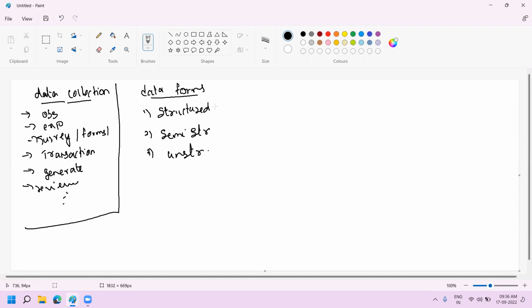What is structured data? The proper format. You have a sequence and everything. How do you define that sequence? Fixed form. Fixed form is not structured. According to data types.